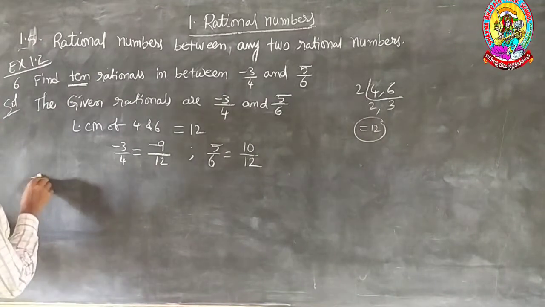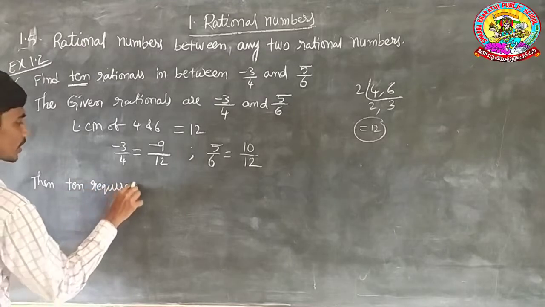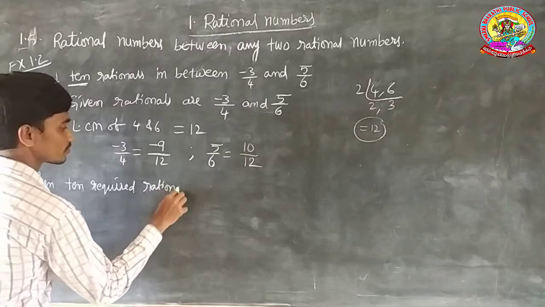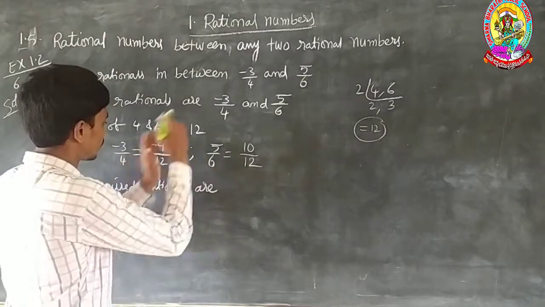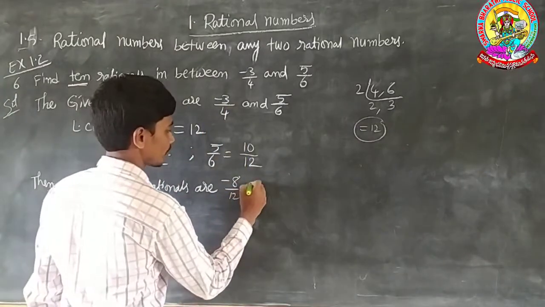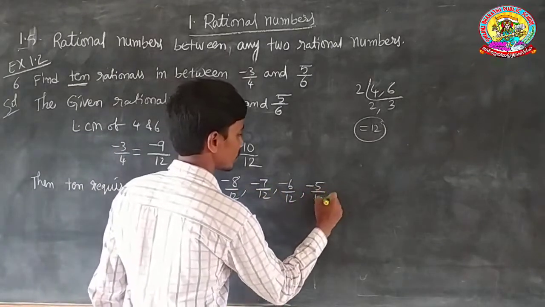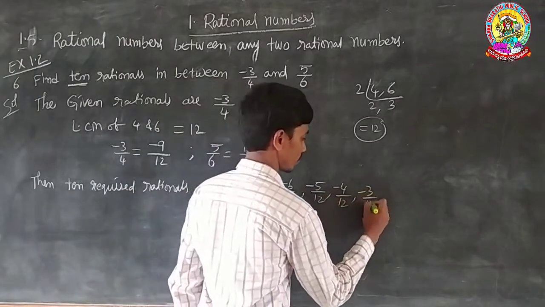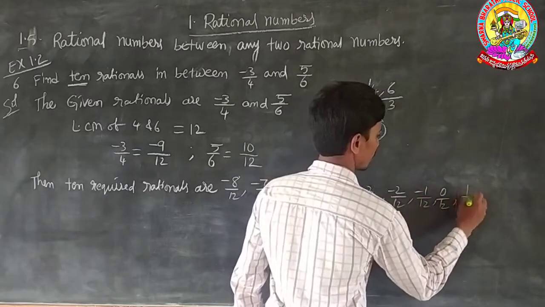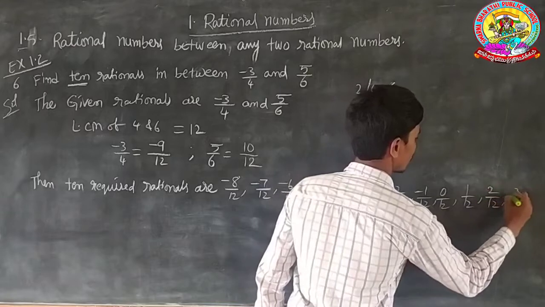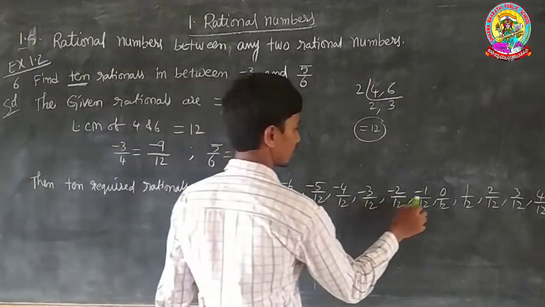The 10 required rationals are -8 by 12, -7 by 12, -6 by 12, -5 by 12, -4 by 12, -3 by 12, -2 by 12, -1 by 12, 0 by 12, 1 by 12, 2 by 12, 3 by 12, 4 by 12. How many? 1, 2, 3, 4, 5, 6, 7, 8, 9, 10.